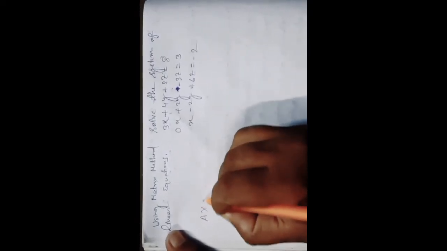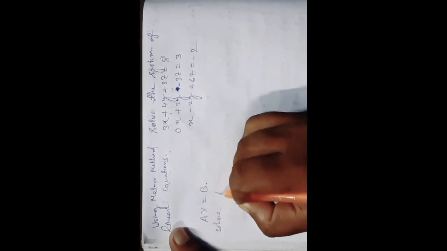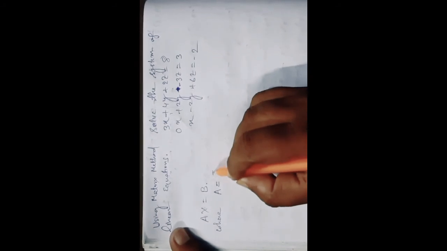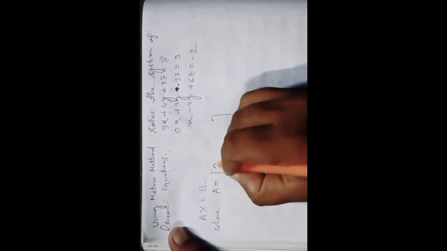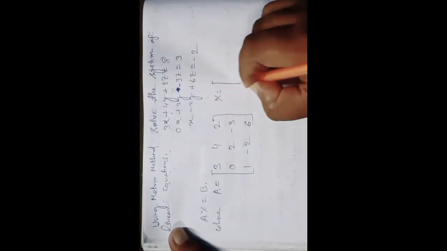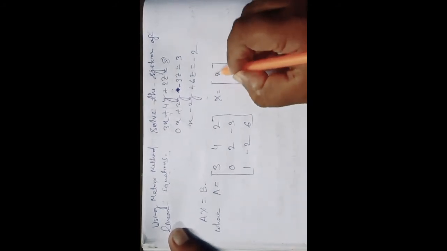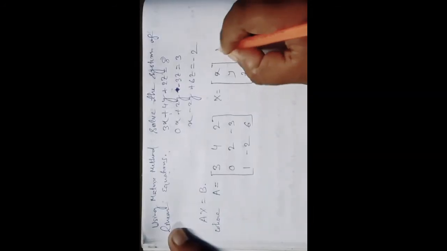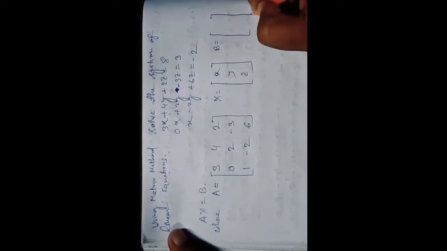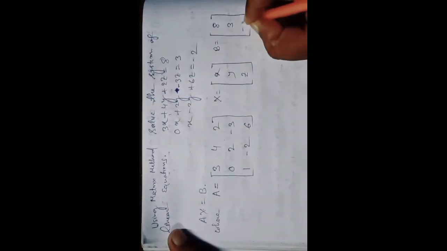So this is the given system of linear equations. These equations can be written in the form of Ax equals b, where A is the coefficient matrix, that is 3 0 1; 4 2 minus 2; 2 minus 3 6, this is A. X is the variable matrix, that is x y z, and B is the right hand side matrix, that is 8 3 minus 2.